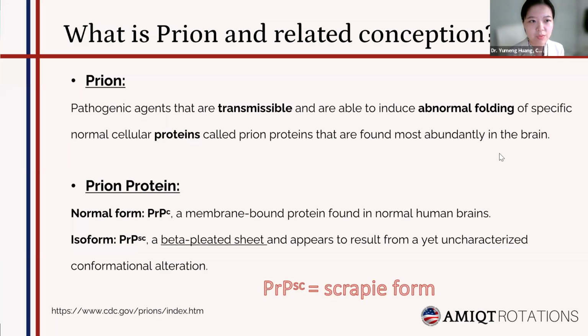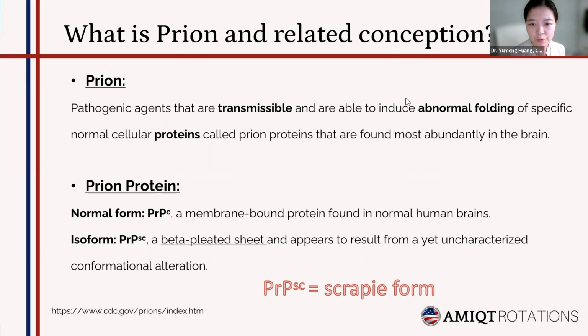So let's start with some basic concepts. The first one is, what is a prion? Prion is the term for the pathogenic agent that is transmissible and able to induce abnormal folding of specific normal cellular proteins called prion proteins, which are found most abundantly in the brain. And what about the prion proteins?